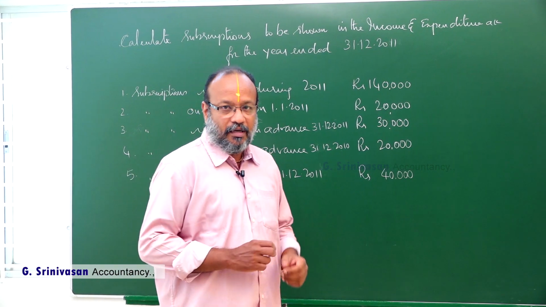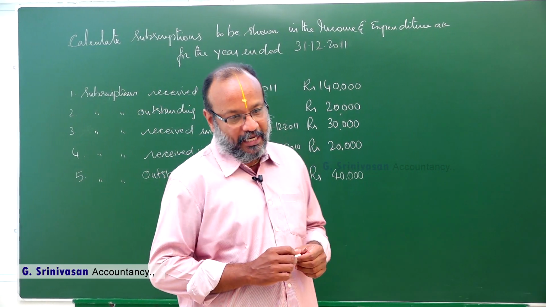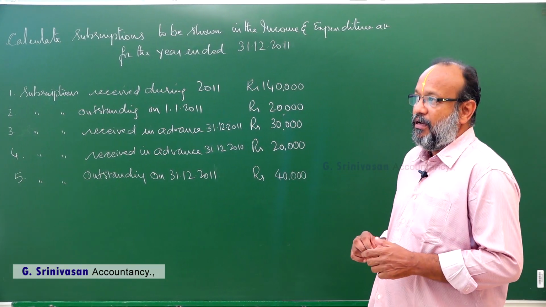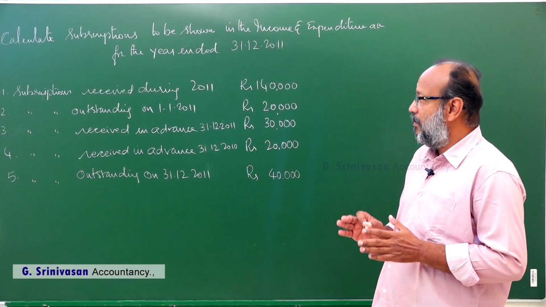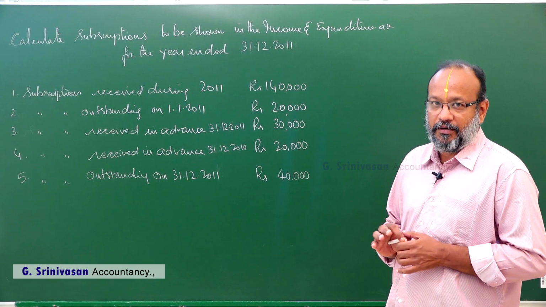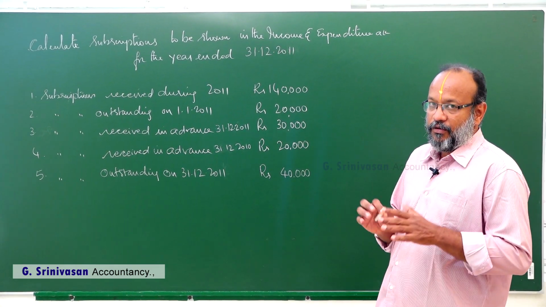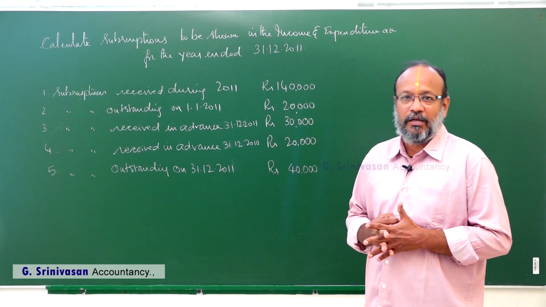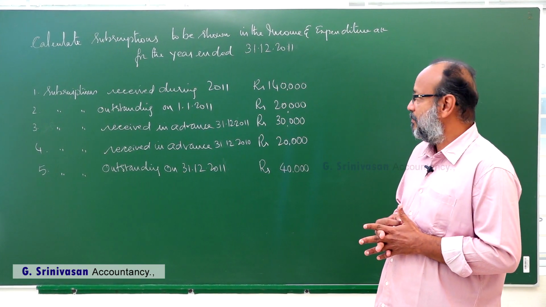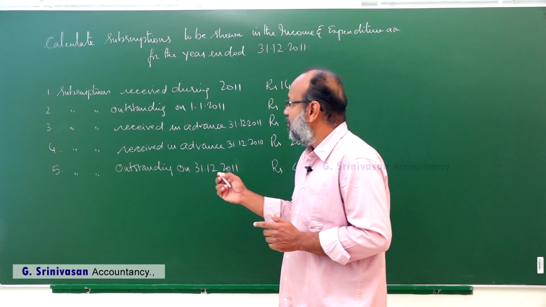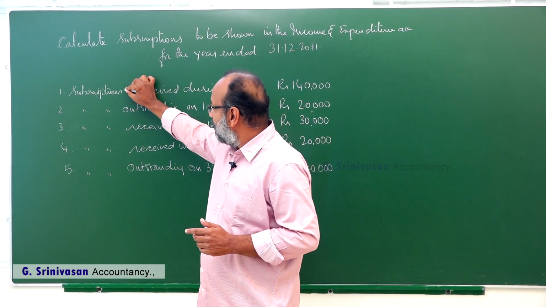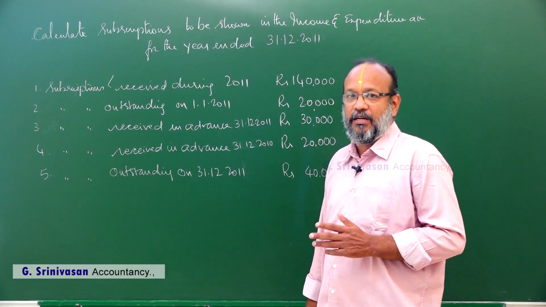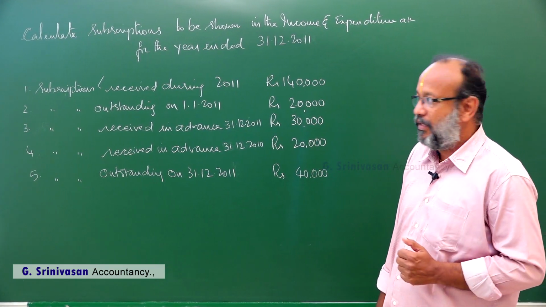Now dear students, kindly understand, income and expenditure account நம்ம credit பண்ண போகிற amount is revenue income related to the current year. So we should understand what is revenue item. Revenue item is recurring item. Subscriptions we know for all non-profit organizations, this is a main source of income, whether it is a library or a club.